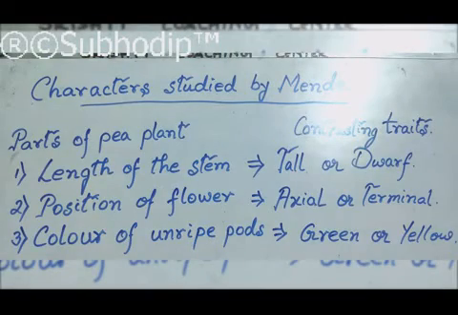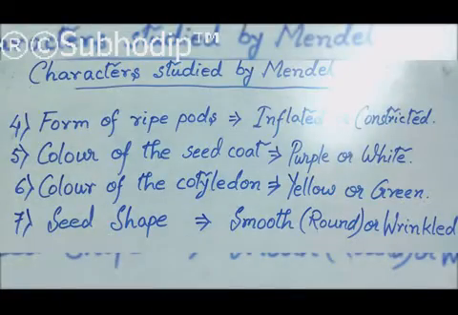Mendel tested individually all the 7 pairs of contrasting characters, performing monohybrid experiments with each pair of traits or characters. Let us see the characters which he selected and studied.